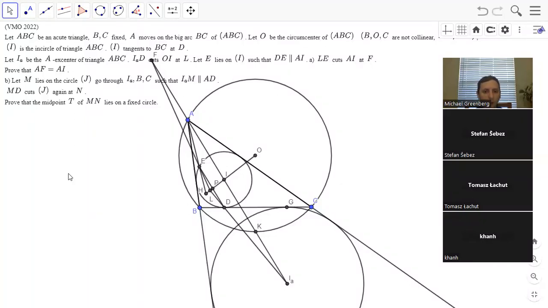So DE, how did we define that? DE is parallel to AI. So if we draw DE parallel to AI, and we want to show AE, KD, and OI concur. You want to show AI over IK is EP over PD.